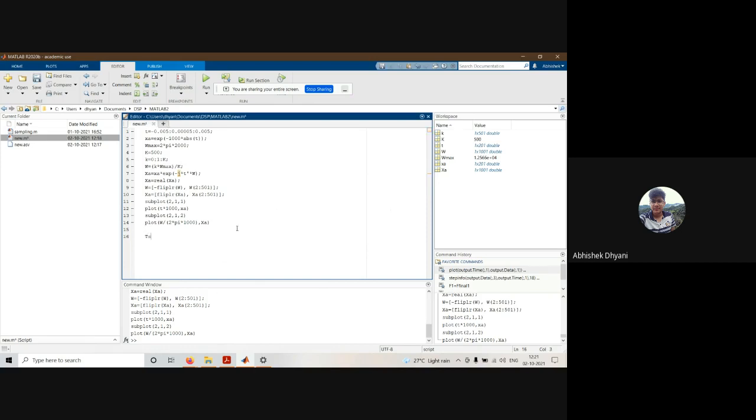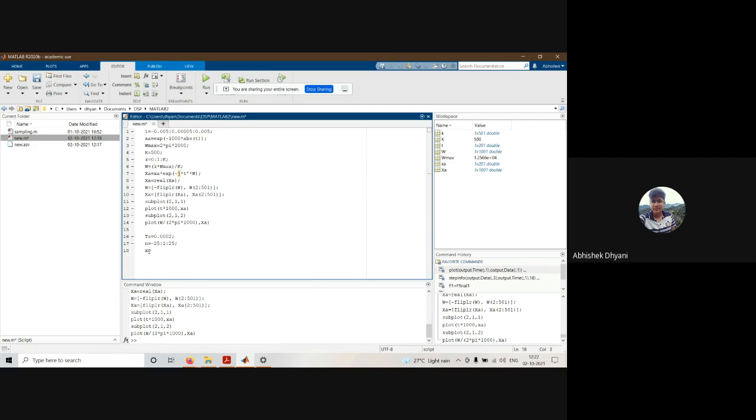So first, Ts we can calculate by 1 by Fs. So it was 0.0002, right? And n we just calculated should be from minus 25 to 25, so that the whole signal can be plotted. Now let me write down x of n. I had denoted the continuous time signal by xa, so let me use x to denote the discrete time sequence obtained after sampling.